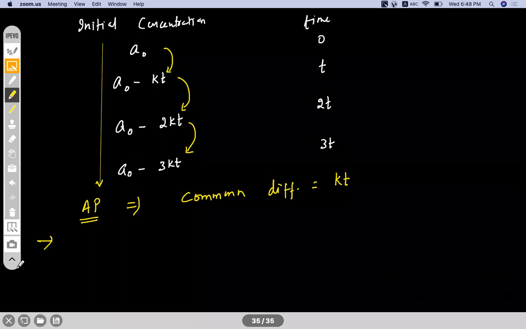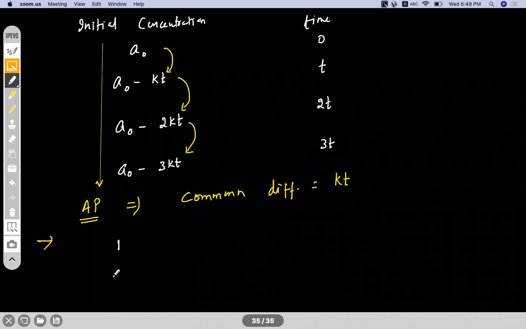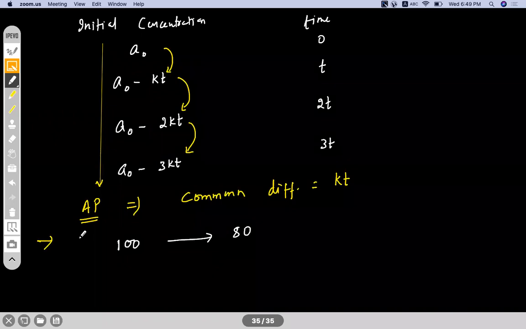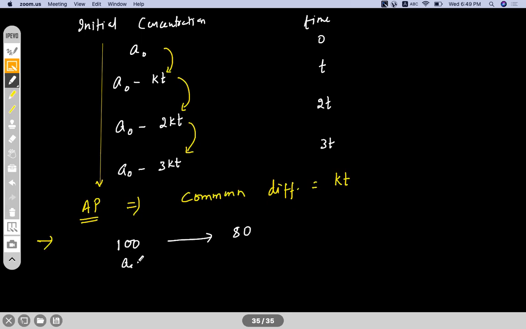What is the advantage of this information? Suppose a reaction we have, initially concentration is 100 and it is going to 80. Like the question is given, for a zero order reaction, initial concentration is 100 and it goes down to 80 concentration, means A naught is this and 80 is this given, right?